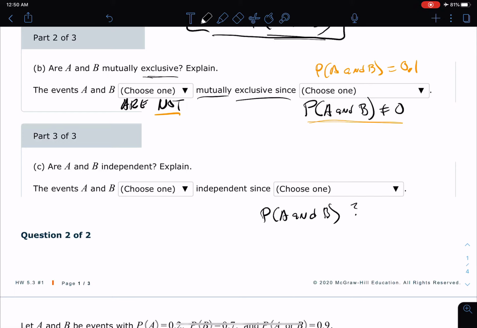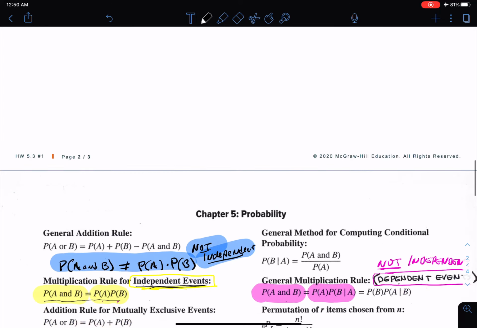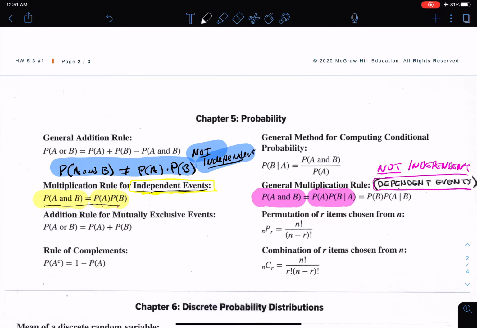I'm going to put a little question mark. Does that equal the probability of A times the probability of B? Once again, just to reiterate, if they are equal, we know they're going to be independent. If they're not equal, we know they're going to be not independent. Okay, let's see what happens.